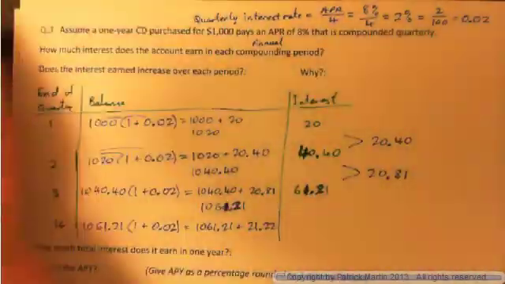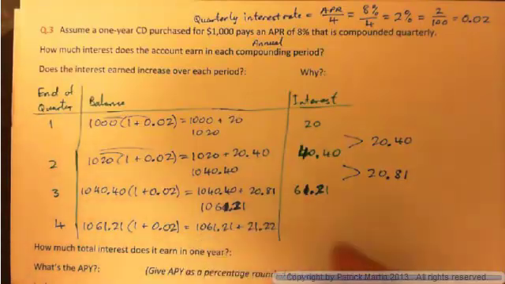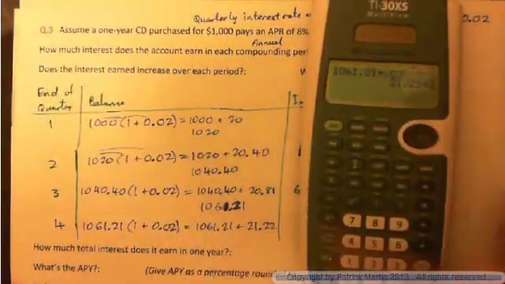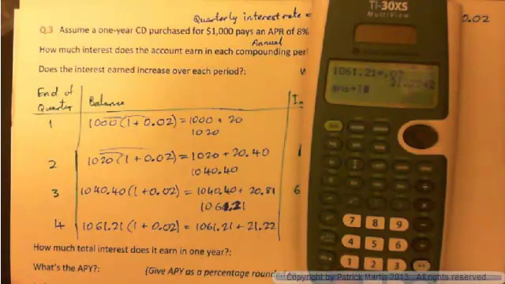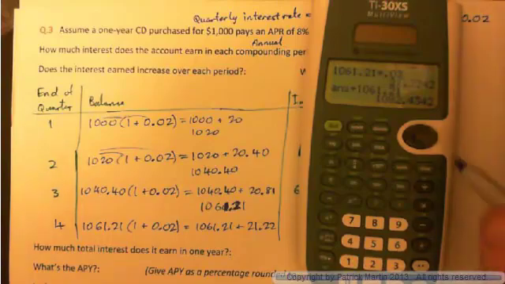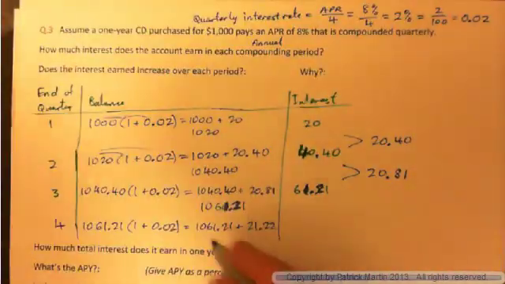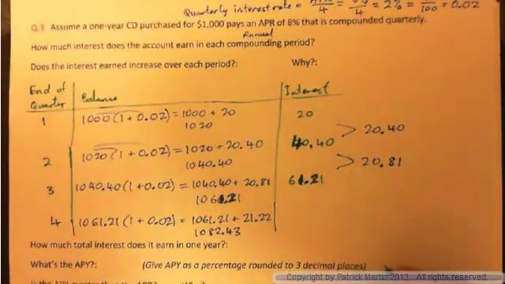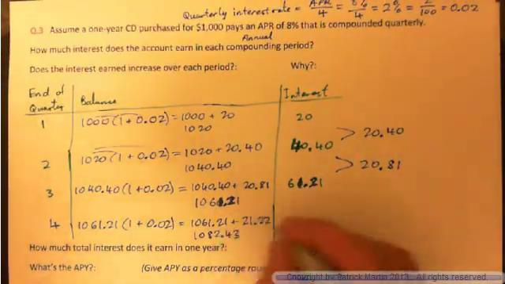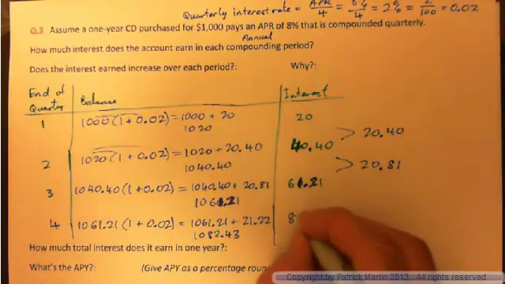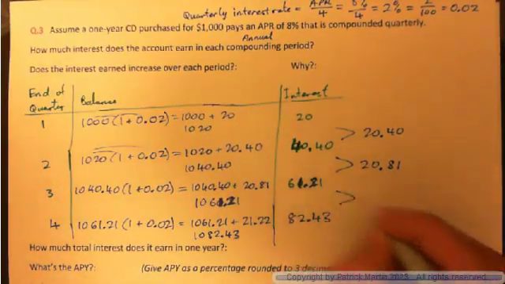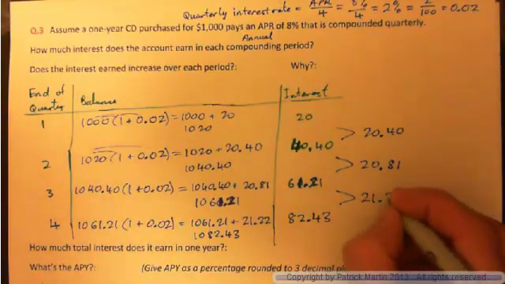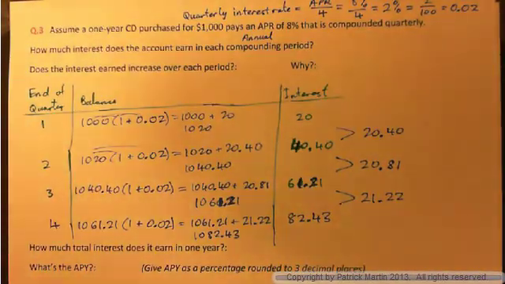So our total amount is that plus 1,061.21, which is $1,082.43. So the interest we have after quarter 4 is $82.43, and that's an extra $21.22.